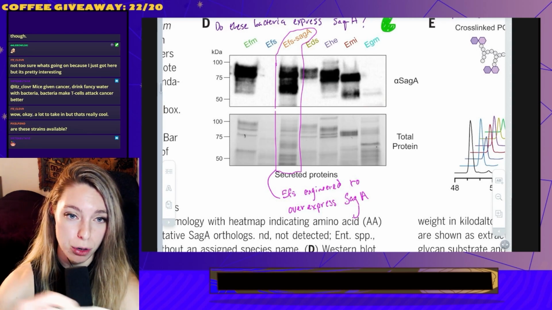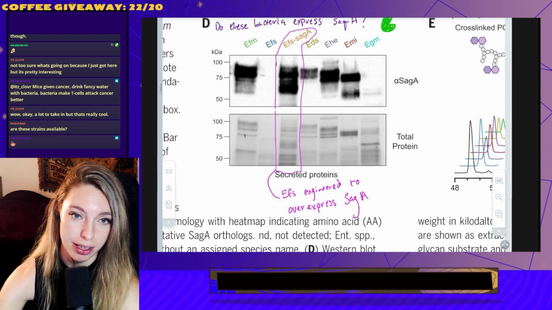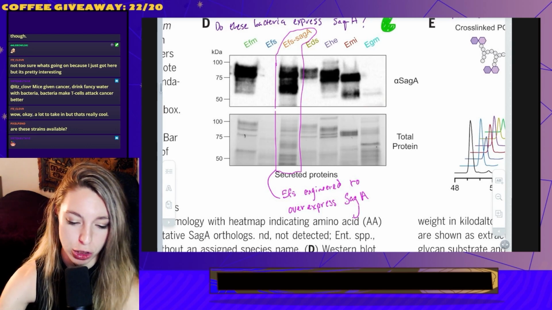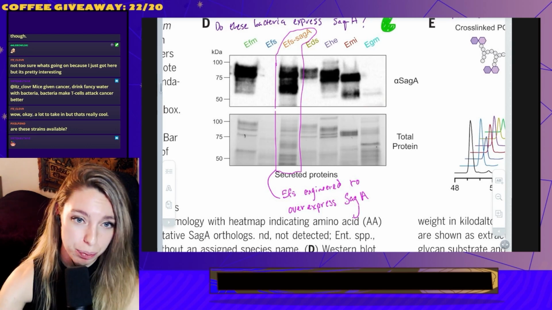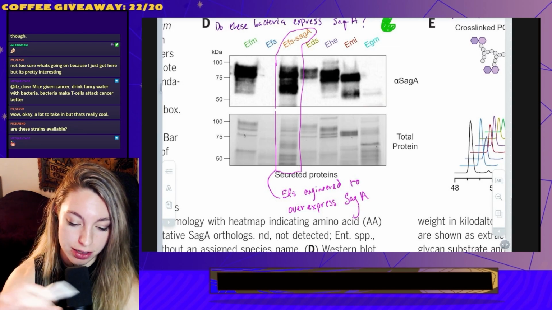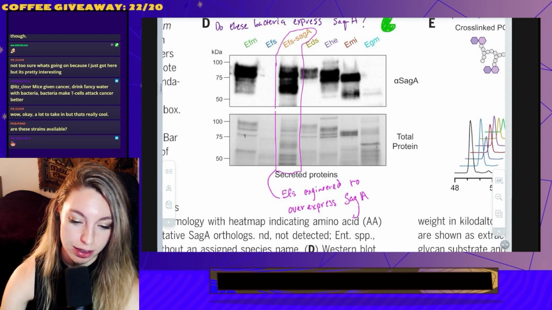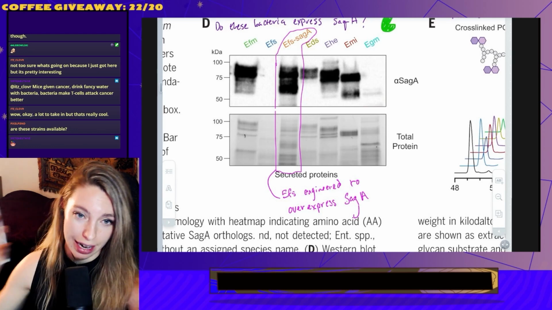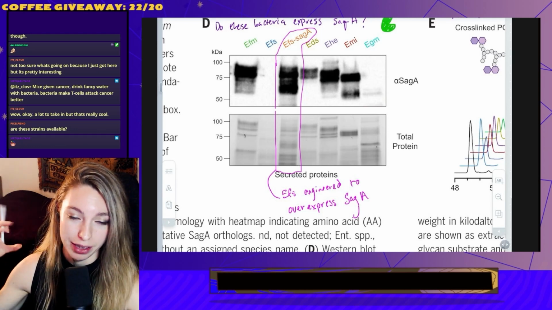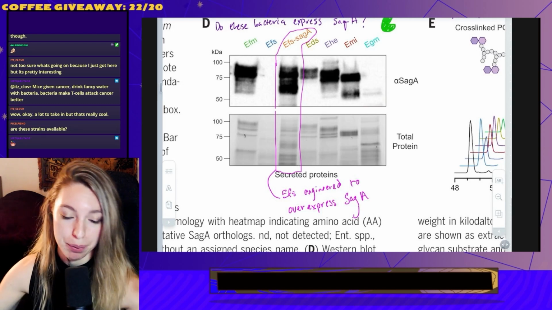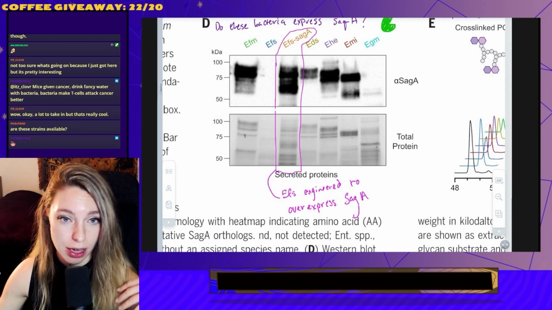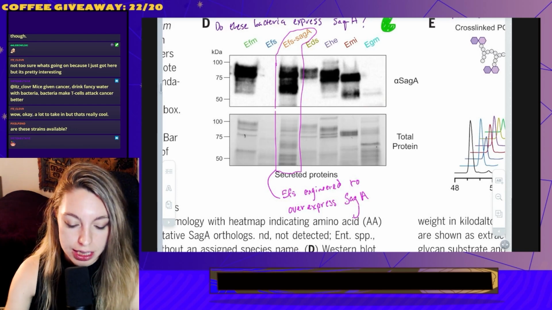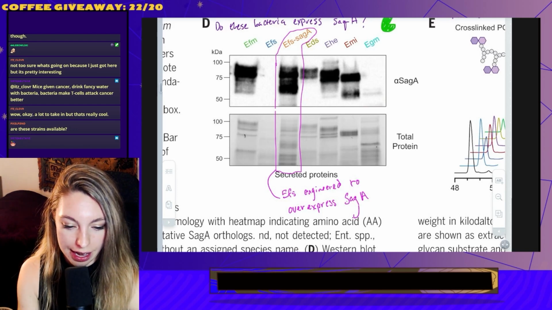Then they remove just the broth, not the bacteria. They spin the bacteria down probably. I'm not sure what they did. But they just take the proteins that these bacteria secreted, which they sometimes will secrete SagA to go around and cleave, it has to be secreted to then go and cleave the cell wall of either itself or other bacteria.